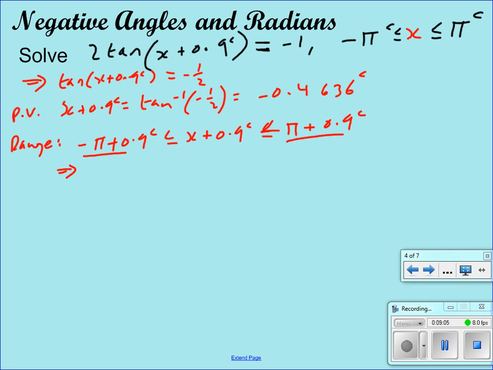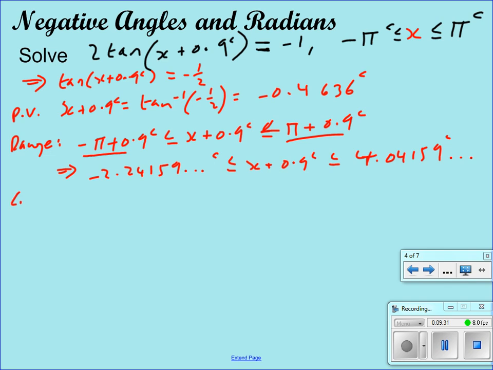So minus pi plus 0.9 radians gives me minus 2.24159 blah blah blah radians. X plus 0.9 radians, and then pi plus 0.9 gives me 4.04159 radians, dot, dot, dot. It just gives me a rough indication of what I'm looking at here.